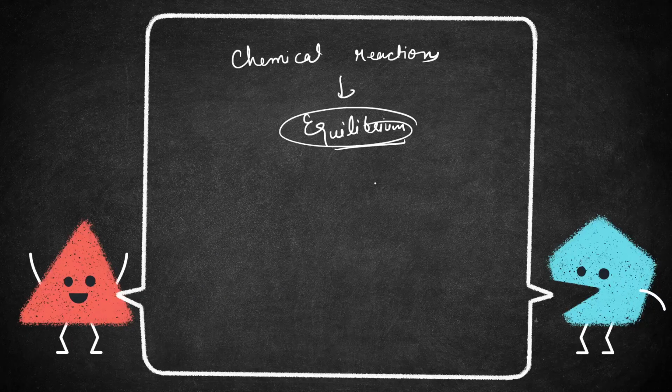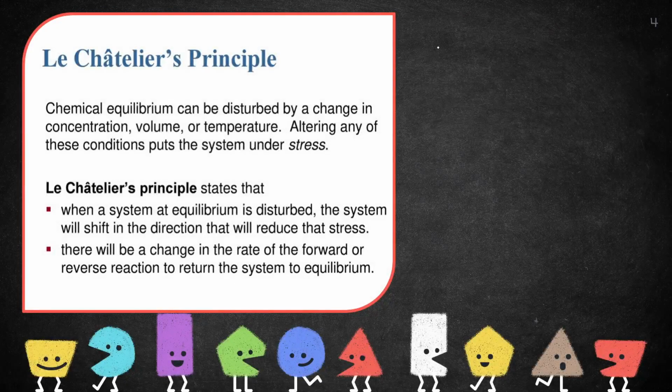So if you disturb this equilibrium, it will try to remove the stress that has been applied. This is the Le-Chatelier principle. A chemical equilibrium can be disturbed by several things, such as a change in concentration, volume or temperature.